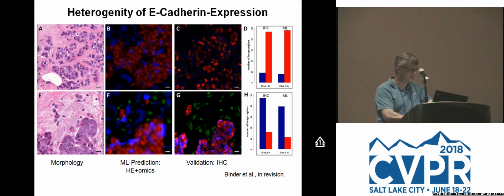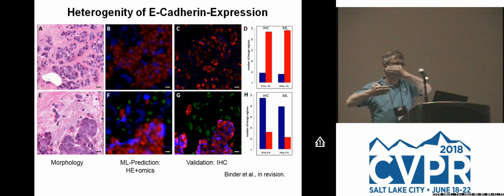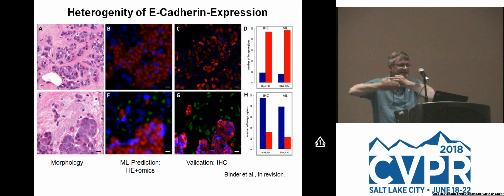This is the morphology on this side. These are different morphologies, as you can see. This is the machine learning prediction, and this is what we get from the staining. So you see that there's quite some overlap. And note that this slice and this slice are different ones, because the first slice has already been used, so we have to take the next slice.